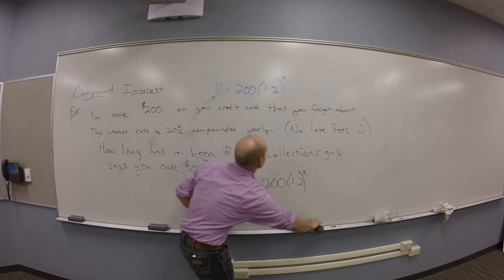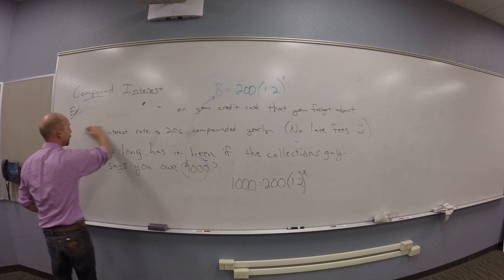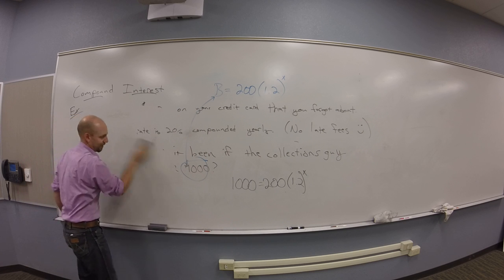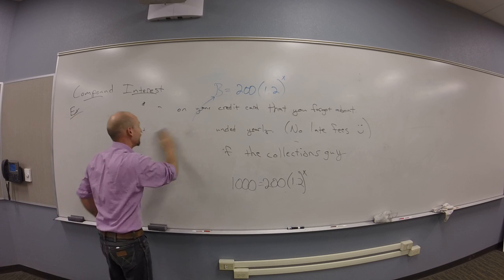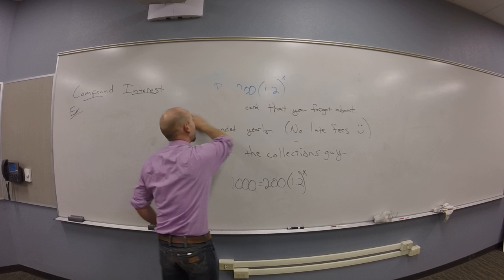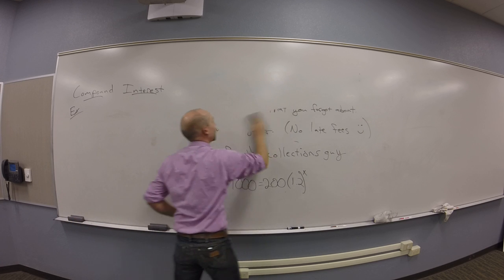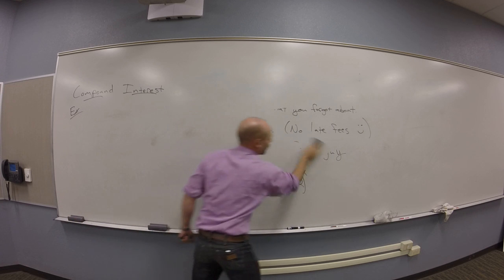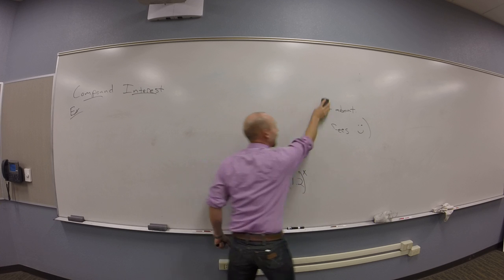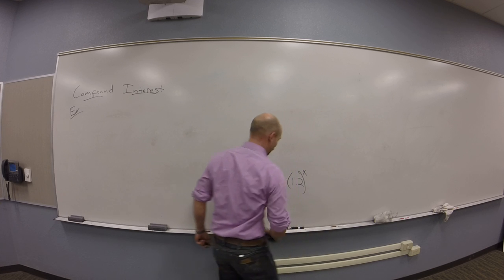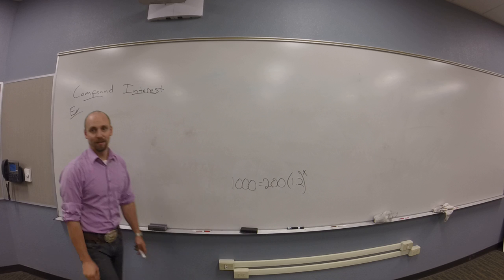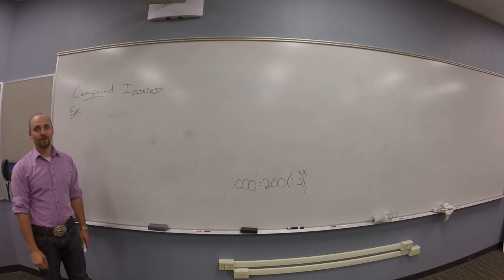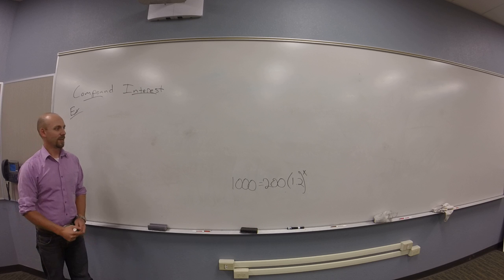And now you're probably having flashbacks to algebra 2. So when I'm solving an equation with an x in the exponent, what do I do? Move the 200 first. Yes.